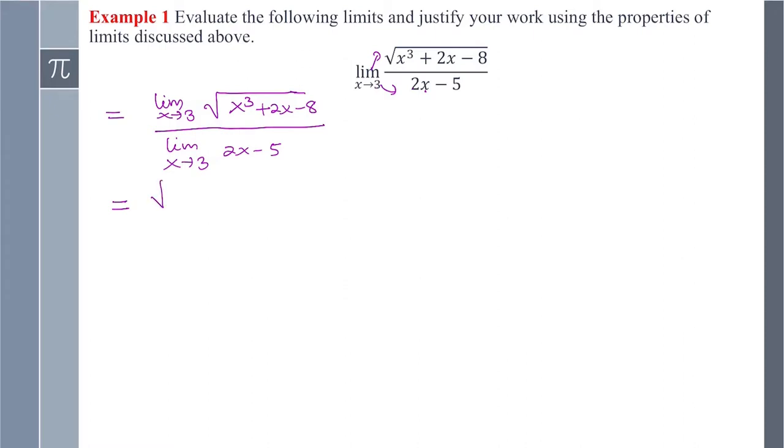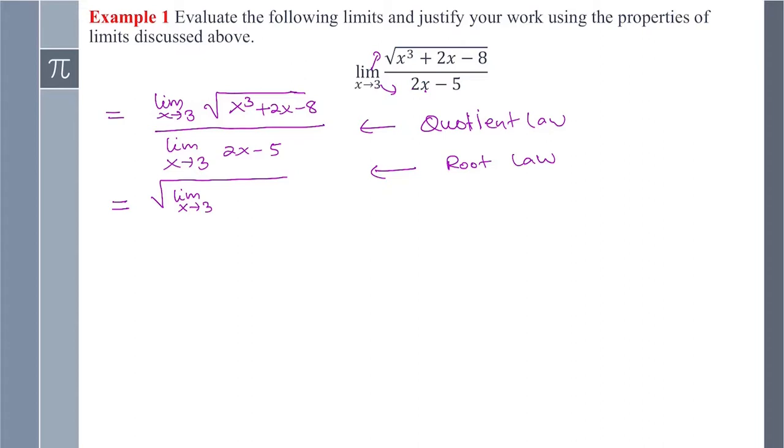So square root of limit x approaches 3. So this was the quotient law, okay? And then here I'm using the root law.